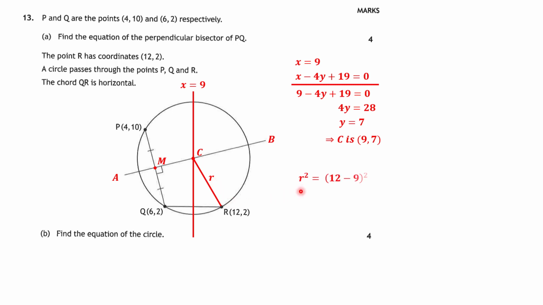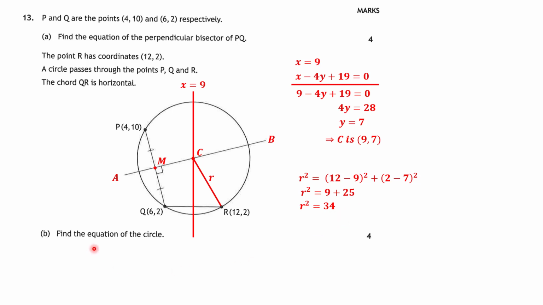So the radius squared will be 12 minus 9 squared, because I'm using this x coordinate and this x coordinate, and then 2 take away 7 squared, that's the second one. When you do that, you get 3 and negative 5, but you're going to square them both, so you get 9 plus 25, so you've got a radius squared equal to 34.